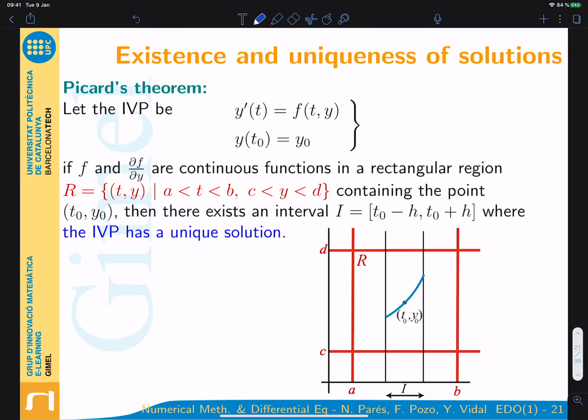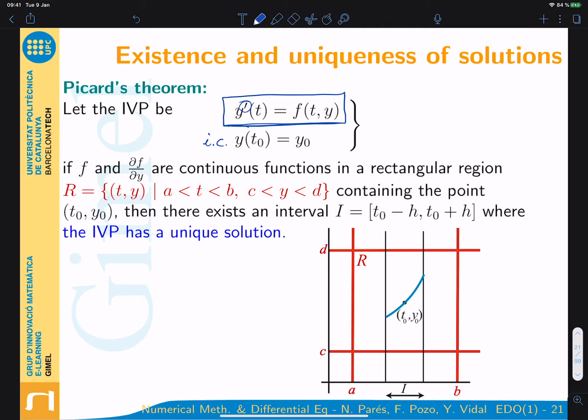Let's see this theorem. It is called Picard's theorem, and it says that if you have an initial value problem where the ODE is written in this specific way we were talking about a few seconds ago when dealing with the geometric interpretation, and we have an initial condition of the problem.